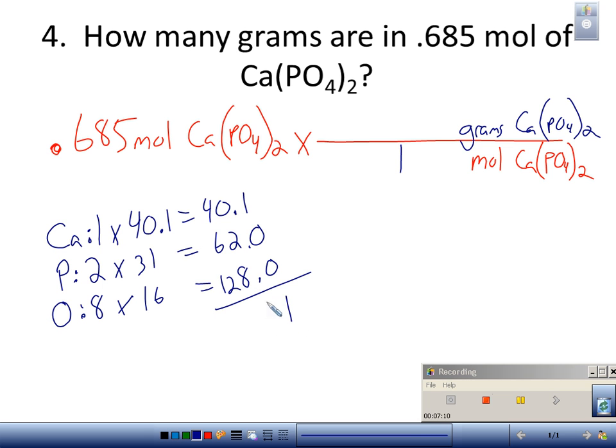I'm going to add vertically. That's the mass of 1 mole. That's in grams. It goes up here. Cross off my like units. Multiply that. And that's my answer.